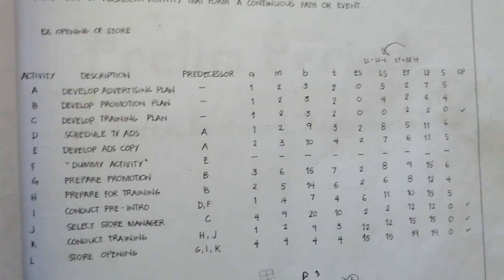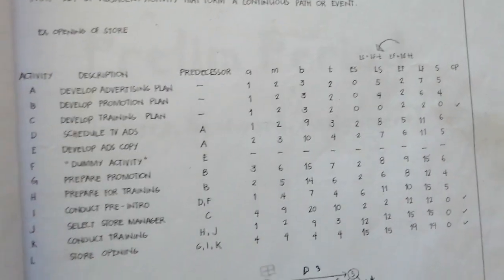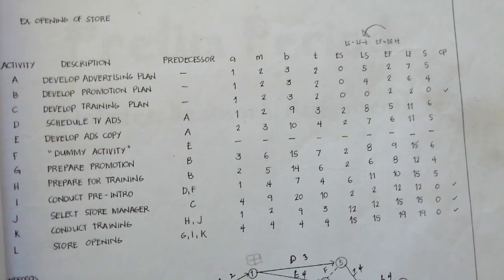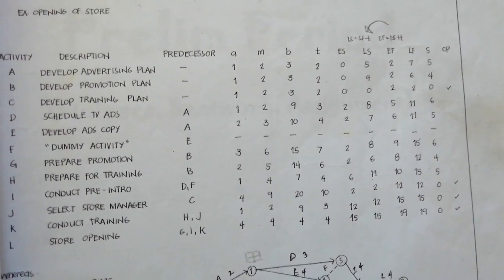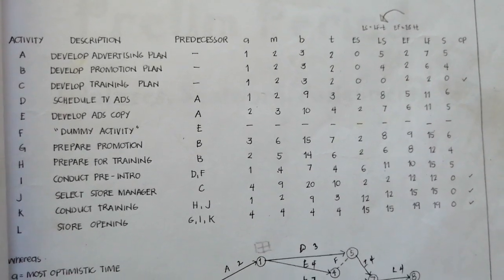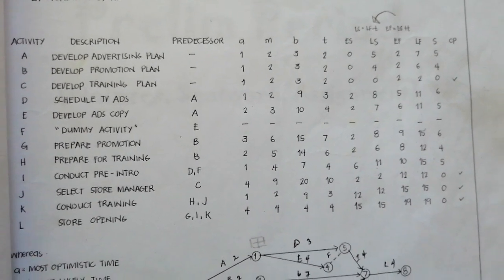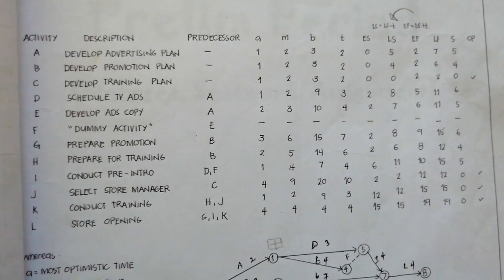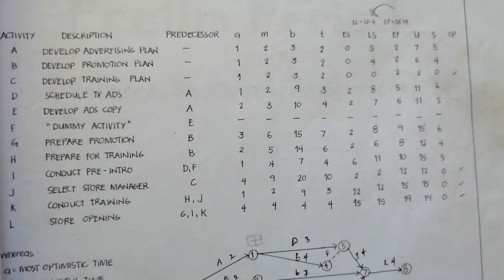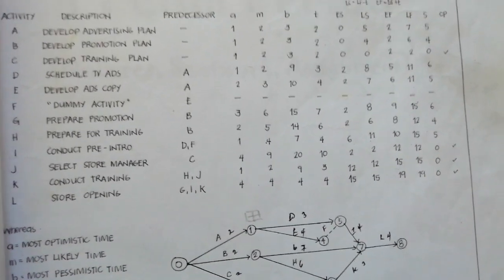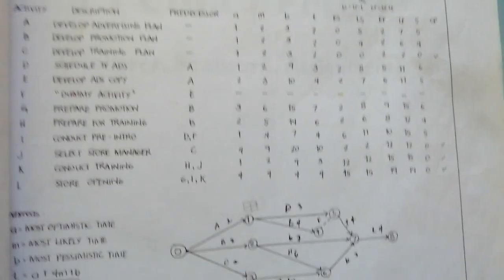So let's have this example. The example that I gave is opening a store, wherein we have the following activities, A to L. The descriptions are listed here. You have to develop an advertising plan, promotion, training plan, TV ads, etc. So, we have a dummy activity here.